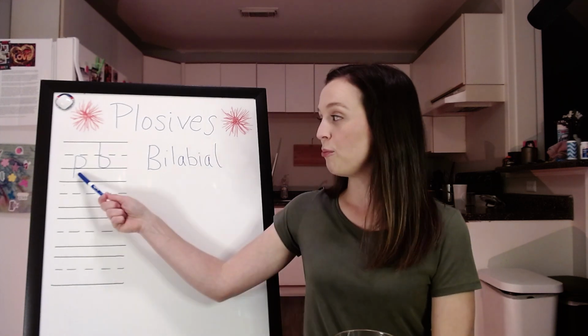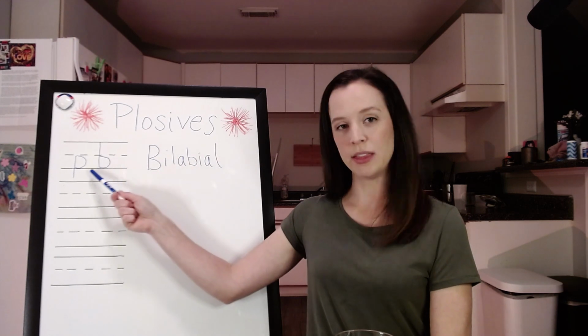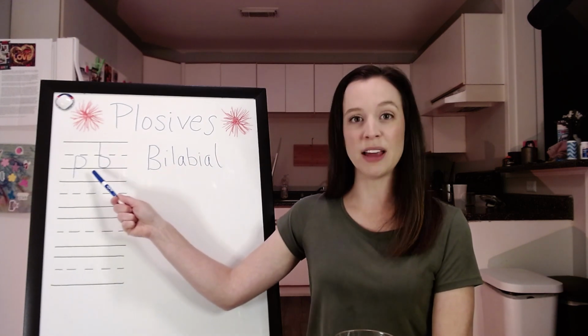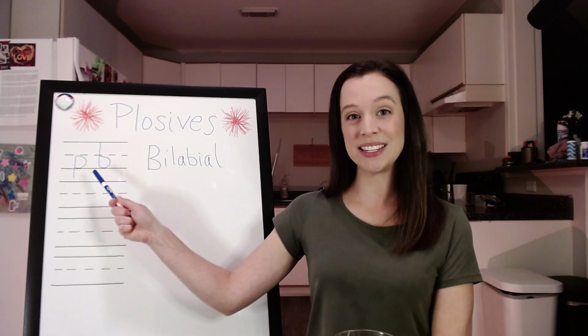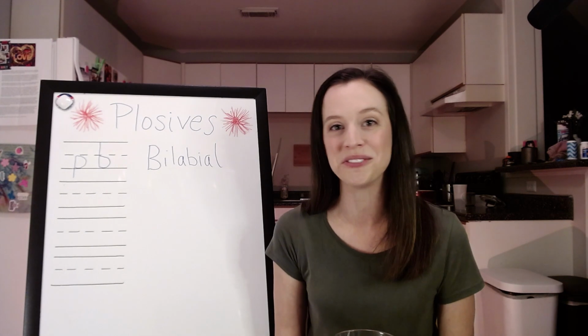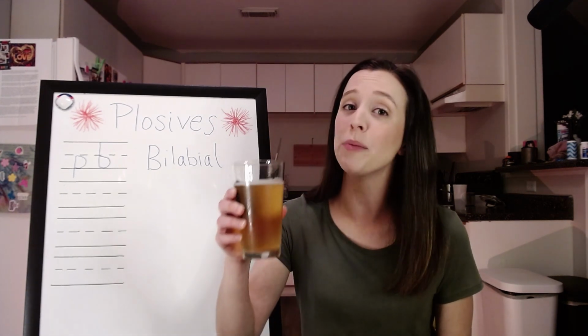So p and b are bilabial plosives. They are also cognate pairs, p being voiceless and b being voiced. And there you have it. You have already learned 2 pieces of the International Phonetic Alphabet.